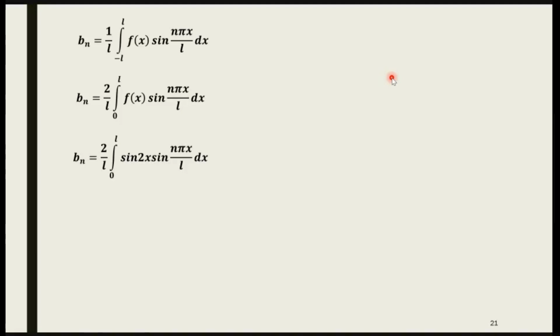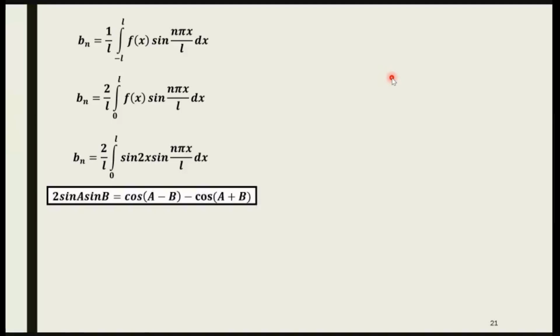Yes. So separating that, sine A sine B formula we have to apply, correct? 2 sine A sine B is cos A minus B minus cos A plus B. Now what is A? A is 2x.